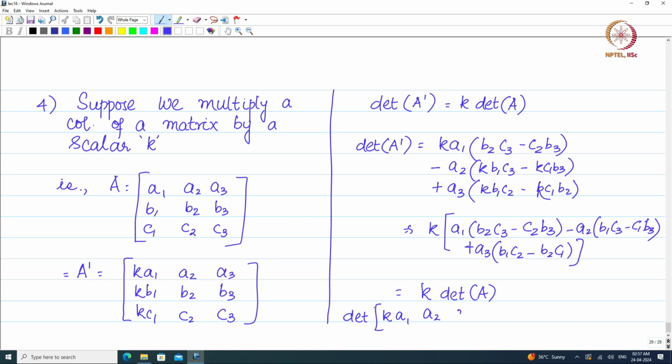I'll write this as column 1, column 2, column 3. So, k times column 1, with column 2 and column 3 remaining the same, is nothing but k times determinant of the matrix A, right.